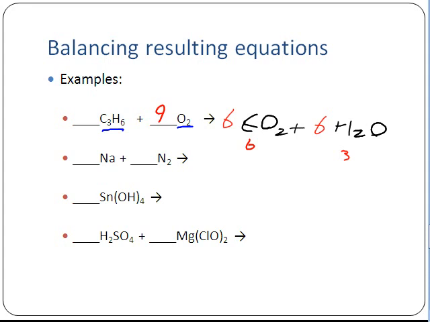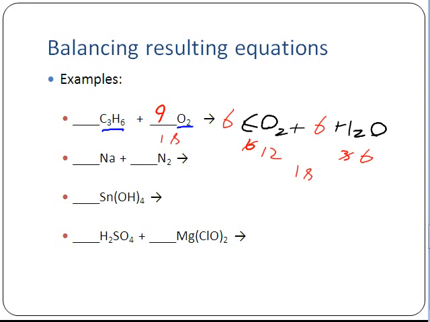We have 6 times 2, which gives us 12 carbons on this side. 6 times 1 gives us 6 on this side. 12 plus 6 gives us 18, and then 9 times 2 gives us 18, and so that works out.